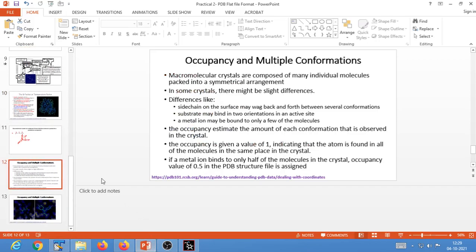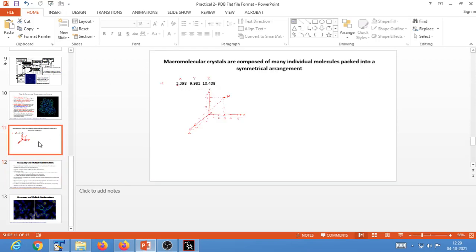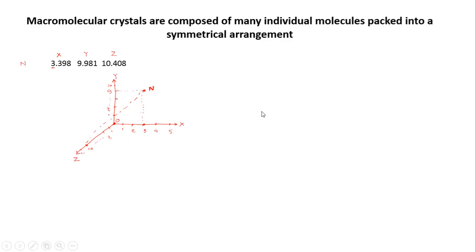Okay, let us now talk about occupancy, or you can say multiple conformations. Okay, so in order to understand what occupancy is, let us revise what we discussed in our last lecture. So I have said that macromolecules like proteins, when they are crystallized, the individual molecules get packed into a symmetrical arrangement.